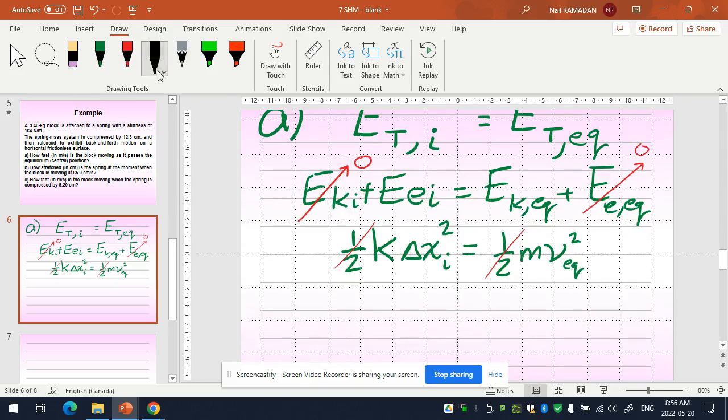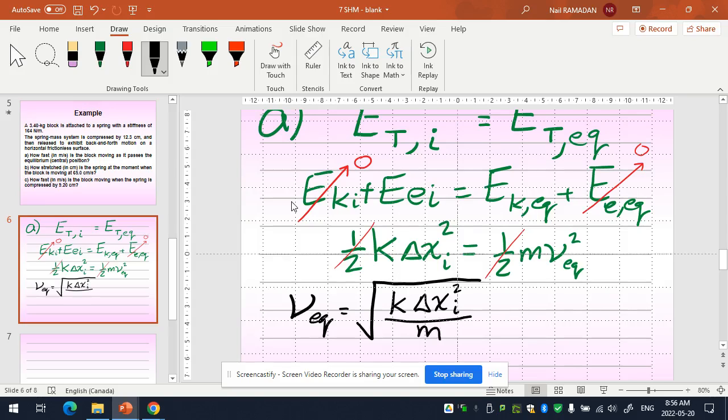Raise your hand if you'd like to say it. Farah? V eq equals square root of K delta x squared over what?